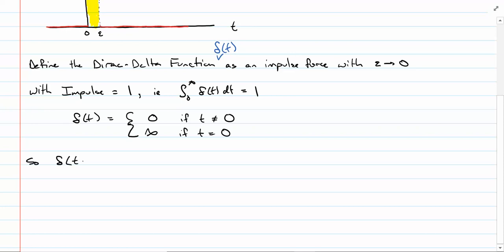So what would delta of t minus a be? Well, that would be a horizontal shift of that graph. It's going to be 0 if t is not equal to a, and it's going to be infinity if t equals a, because that's what would make the input of that function either 0 or not 0.